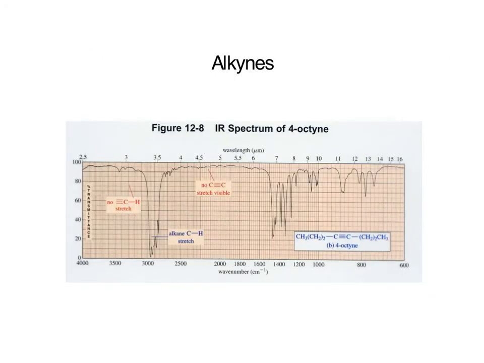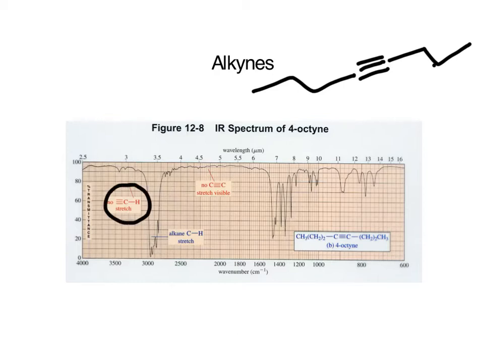So here's another example of an alkyne. Now this is 4-octyne. I want you to take a look at the structure of 4-octyne: 1, 2, 3, 4. Notice this is a completely symmetric alkyne. It does not have any CHs, so there is no CH stretch from an alkyne. But also notice there's no CC triple bond stretch.